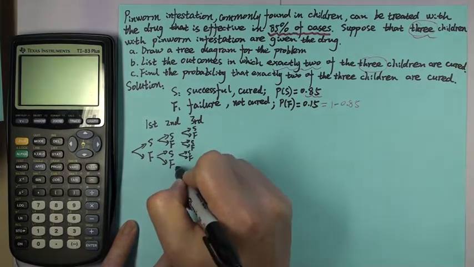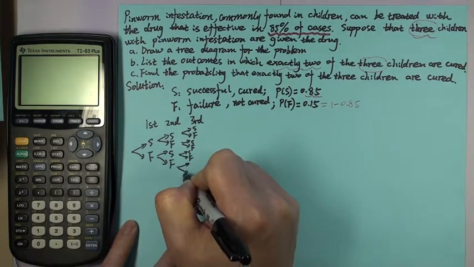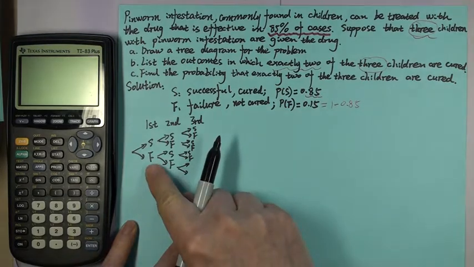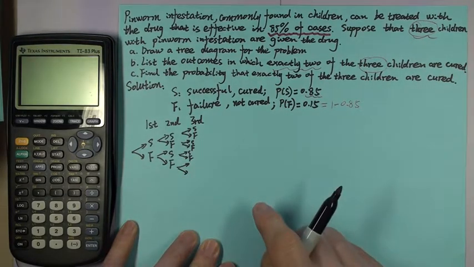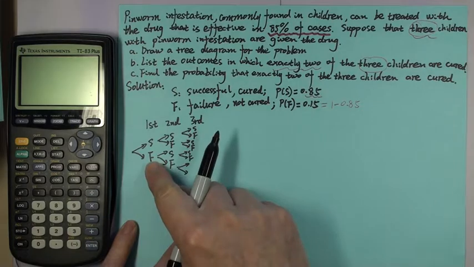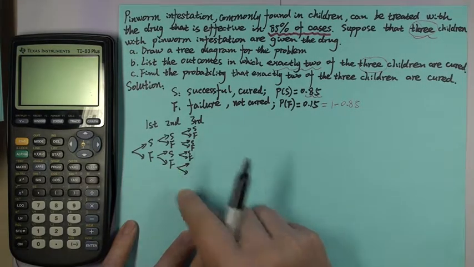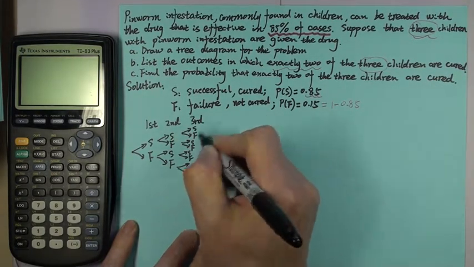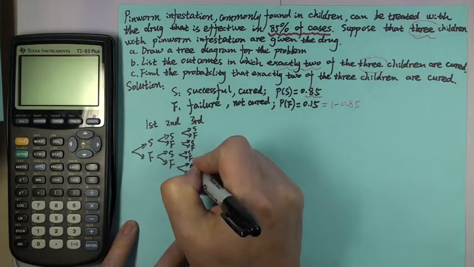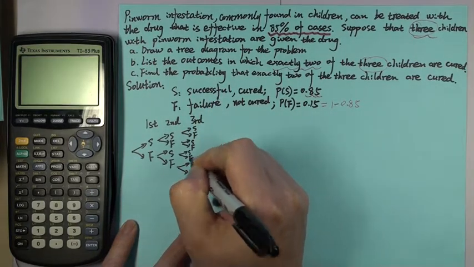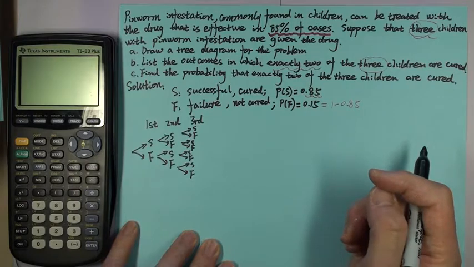And so is the case for FF. The first one is not cured, the second one is not cured, and then for the third child still have two cases, S, F, cured and not cured.